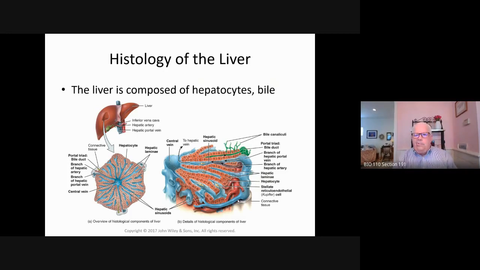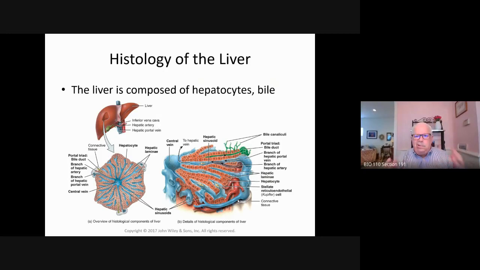They're active in producing proteins. They're active in producing fibrinogen, gamma globulin, all of those necessary proteins that you learned about in the blood system lecture, albumin. They produce all those proteins, but the liver is also involved in digestion.